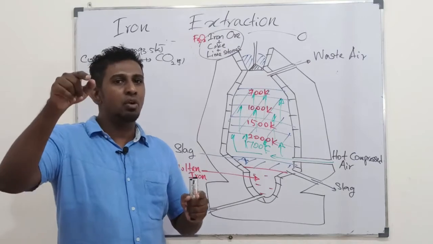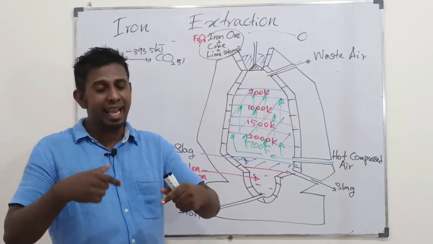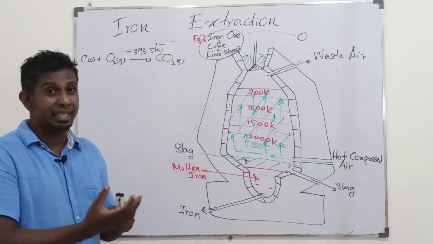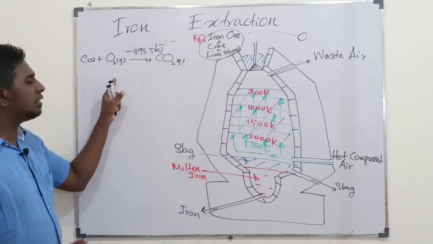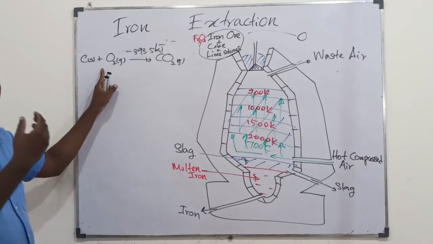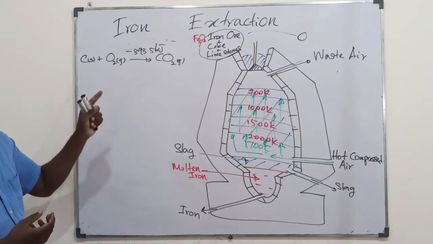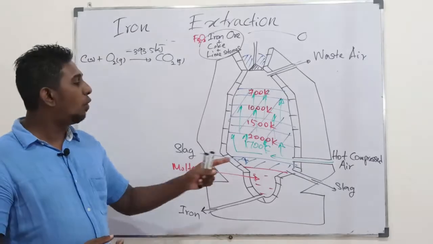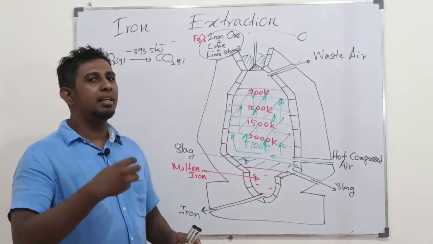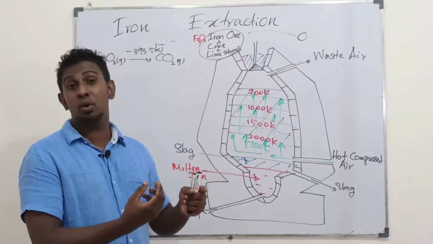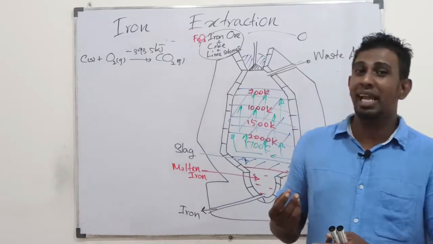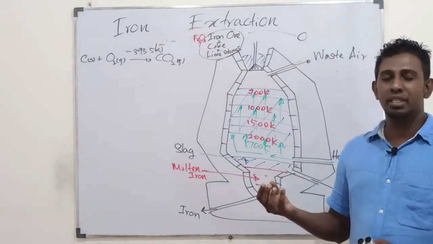I am going to explain that soon. Why is that? The coke amount you provide shouldn't be just sufficient for this reaction only. You need to provide more and more coke to make sure all the oxygen is completely reacted, and the further part of the coke would be involved in the further reaction of ferrous oxide.